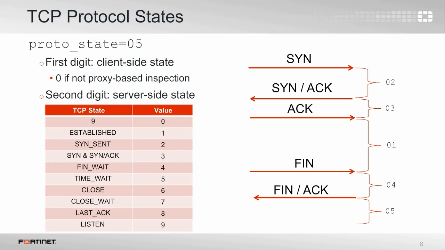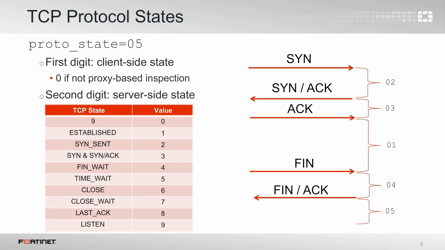This table and the flow graph correlate the second digit value with the different TCP session states. For example, when the FortiGate receives the SYN packet, the second digit is 2. It goes to 3 when the SYN ACK is received. After the three-way handshake, the state value changes to 1.